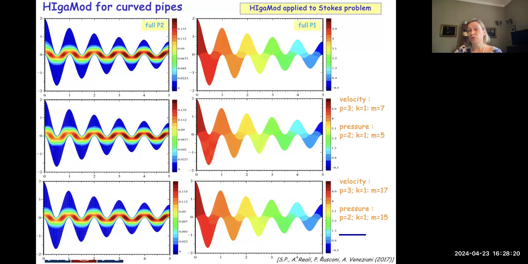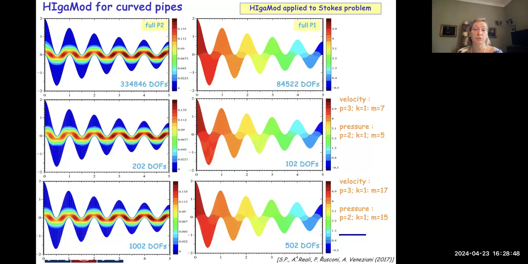Why this choice? Because we recognize that, for instance, both the pressure and the velocity exhibit an irregular path where the full solution is smooth, and this justifies the increment for both the modes associated with velocity and pressure. And indeed, the high mode approximation that you have in the last row is fully comparable with the full solution.